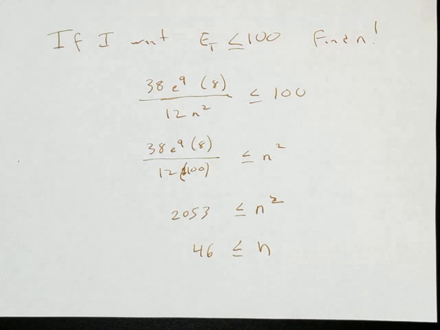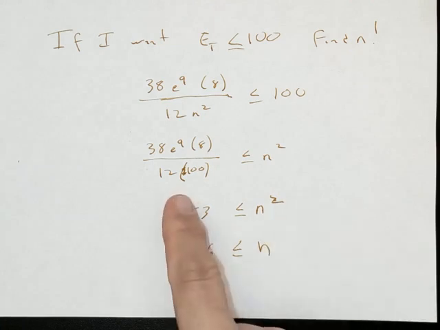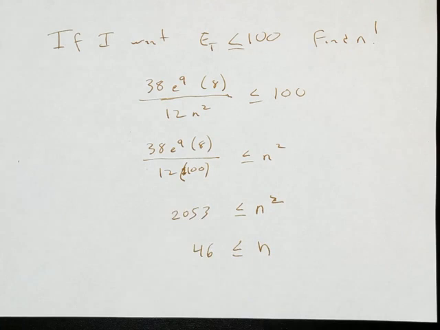But now I know in advance how close I have to get. I had to get within 100 of the answer. Maybe you want your answer to be within 1. Well, that's going to give me a lot larger of a number here, isn't it? If I want my answer to be within 0.1, I can keep increasing n to find this.